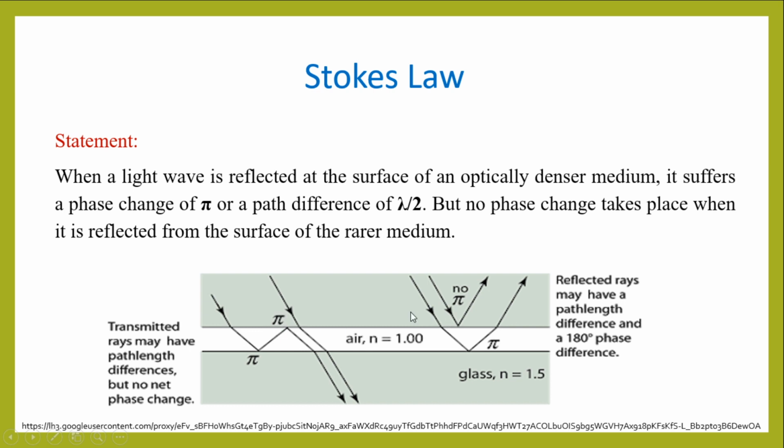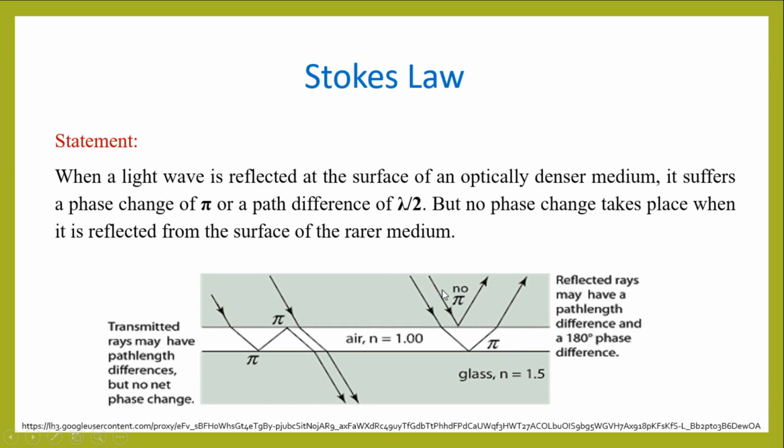Now look into this particular part. Here light is coming from denser medium and entering into the rarer medium. At this boundary, the boundary between air medium and glass medium, it is reflecting. Therefore, it undergoes a phase change of 180 degrees.